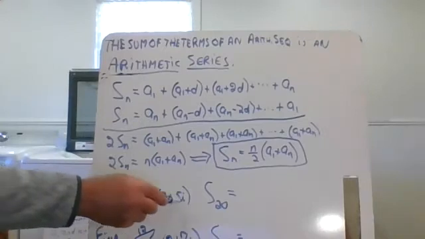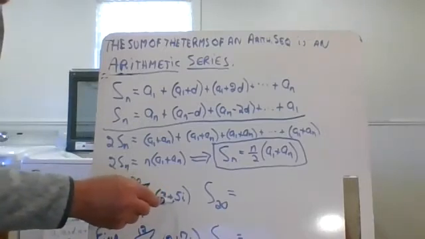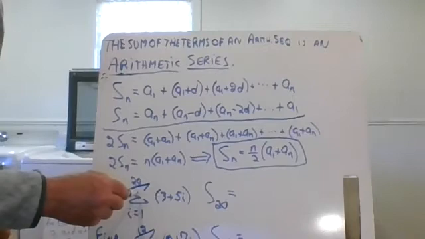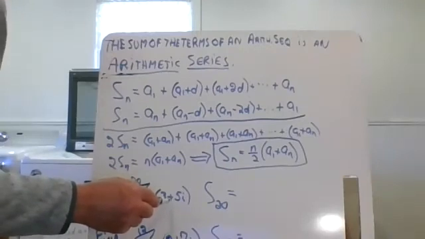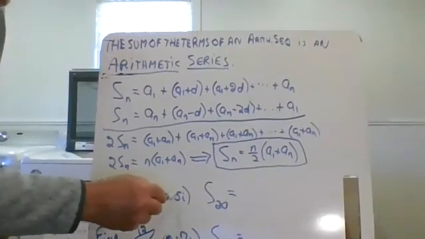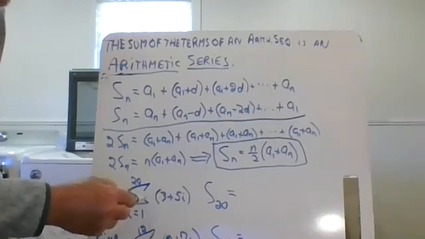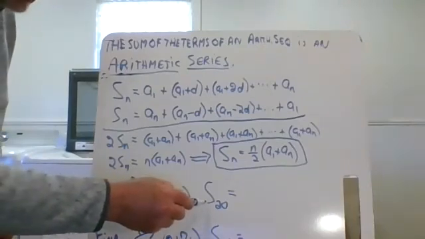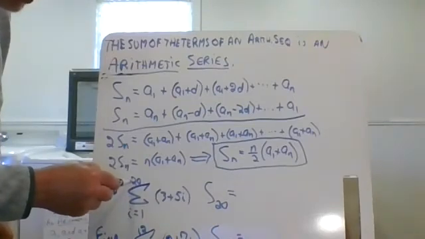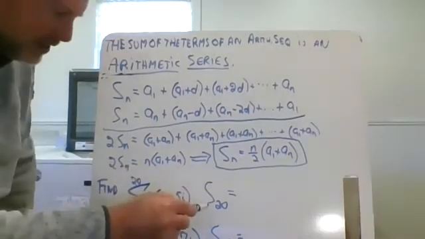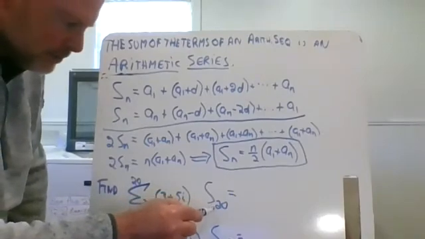If this is a linear formula, this is an arithmetic series. Linear formulas give you an arithmetic sequence. So this is an arithmetic series. And so what we need to find is S sub 20. We know we have 20 terms here. So what is S sub 20?